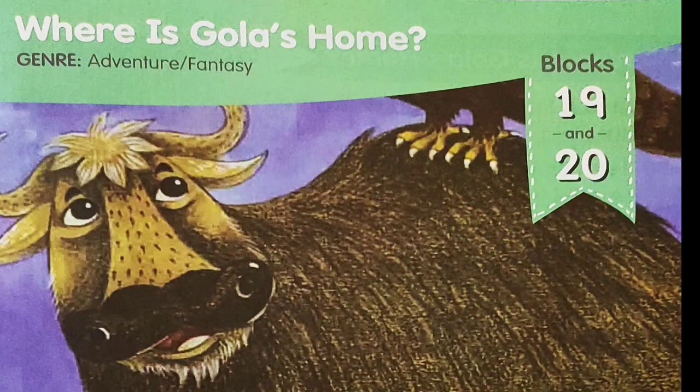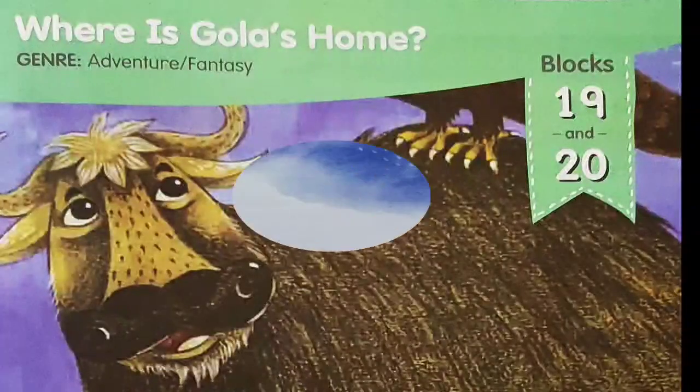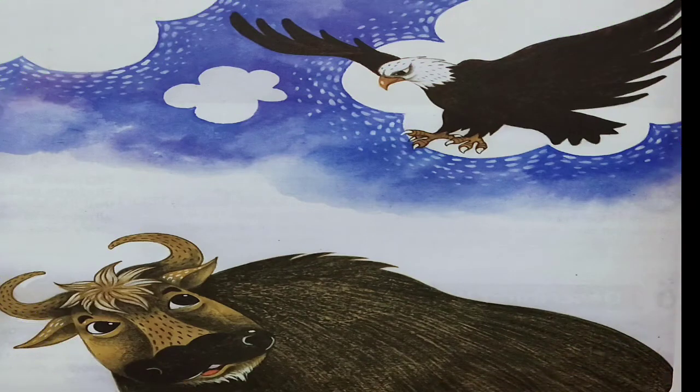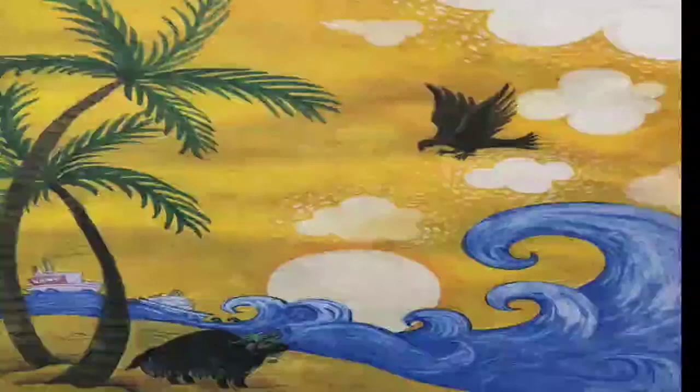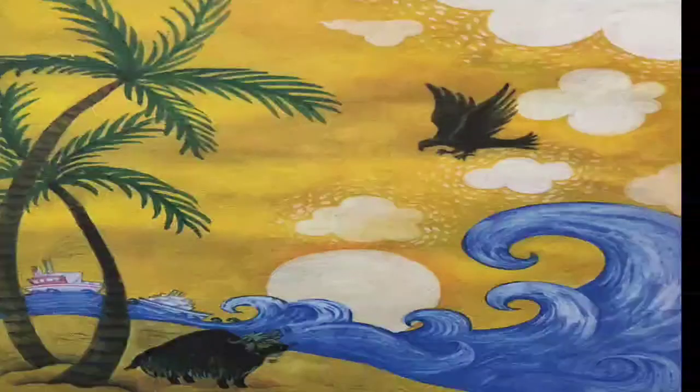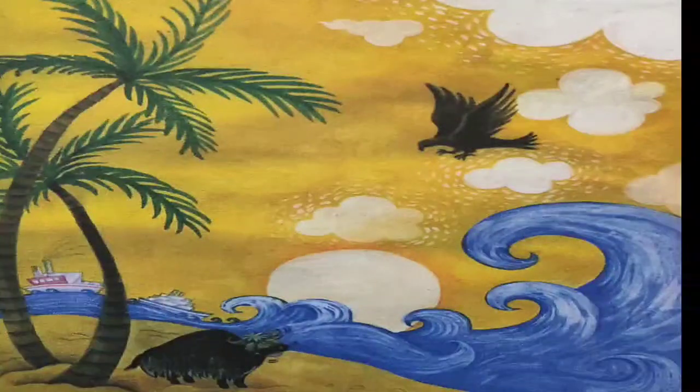Now, at first, Gola did not have a home to stay. So what did he do? He told his friend Muri that he wanted a place, a home of his own, right? Then what happened here? Muri showed him the way to the sea. So the first place they visited was the sea. Now what did he see there?